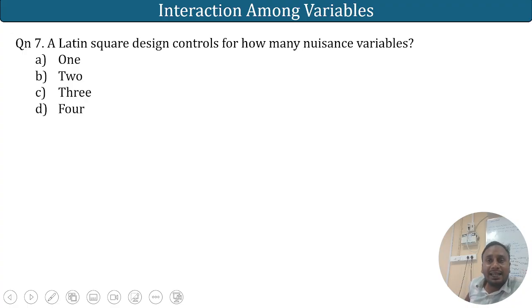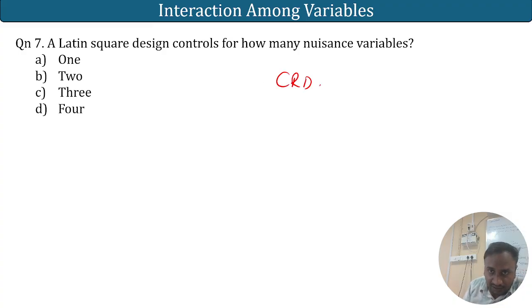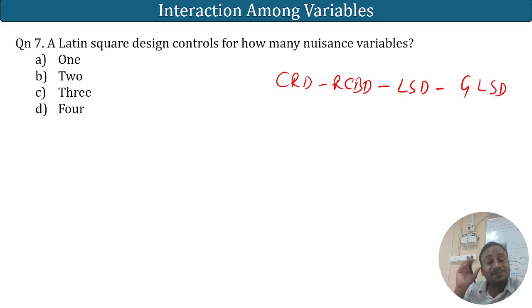Now a Latin square design controls how many nuisance variables? We have CRD, RCBD, Latin square design, then Graeco-Latin. How much? Three? No, 0. 1, 2, 3.